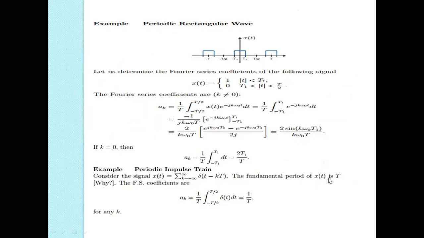The fundamental period of x of t is T. The Fourier series coefficient is a of k equal to 1 by T, the integral from minus T1 to T2 of delta of t dt. This total function, the value is 1, impulse train. So a of k is equal to 1 by T. Even a of 0 is also the same thing, we will get 1 by T. Nothing is different. Got it? And there are other examples we have.